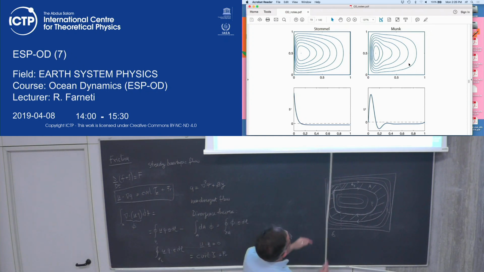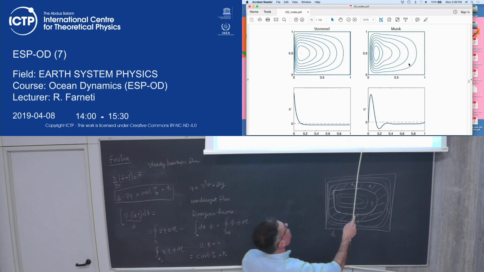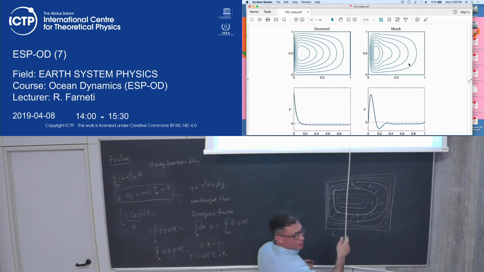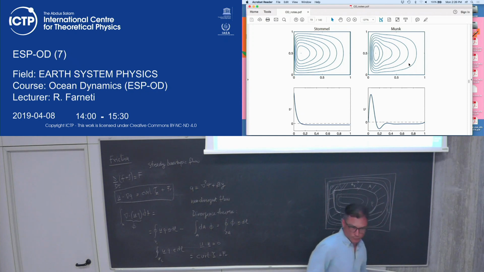Okay? So most of the time, frictional effects here are not important, they're not dominating, okay? But it has to go somewhere where actually that input of vorticity can be balanced by some frictional effects. It's just a simple way of visualizing why you need friction in the Stommel and Munk model.